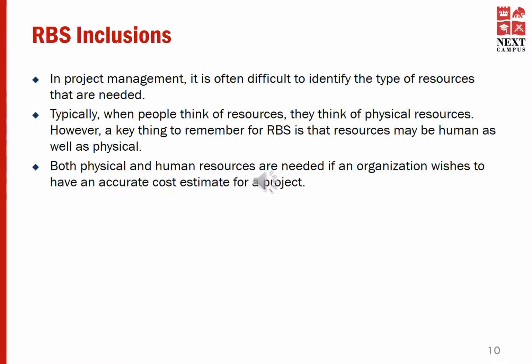Typically, when the people think of resources, they think of physical resources. However, a key thing to remember for RBS is that resources may be human as well as physical. Human resources play a huge role in project work.